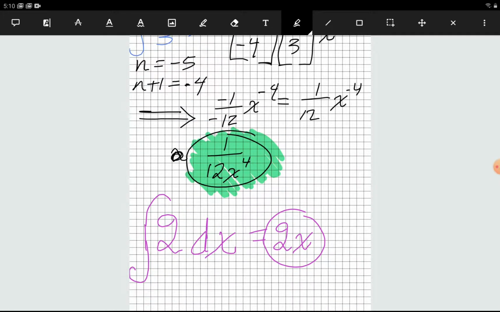So in this one, they're all in the denominator. And then last but not least, plus 2x. That is your final answer.